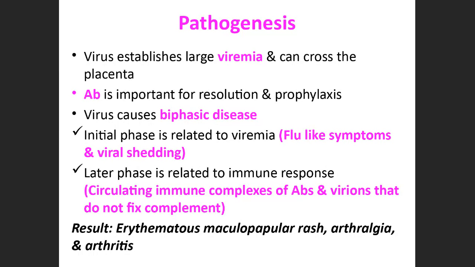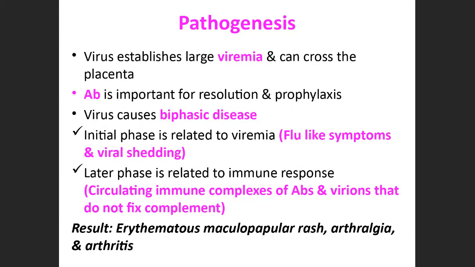This is followed by the immune response, the later phase. Here the circulating immune complexes of antibodies and virions do not fix complement. So the immune response occurs in this second phase, and as a result the rash appears, which is a typical maculopapular rash, along with arthralgia and arthritis.